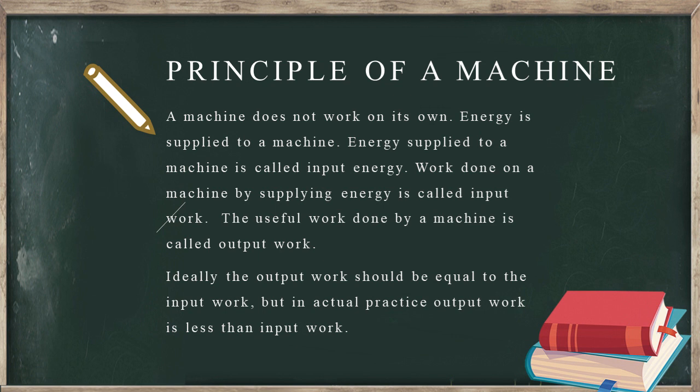Therefore, the work done by this energy will be called input work. The useful work done by machine is called the output work. Now, ideally, the output work should be equal to input work. But practically, this is not true. In actual practice, the output work is less than the input work.